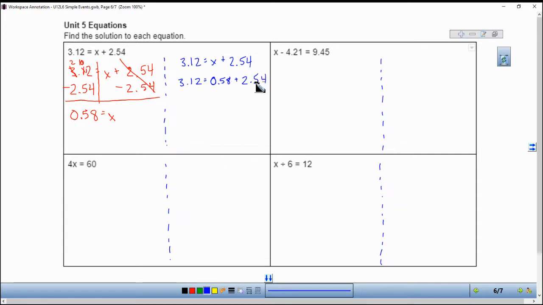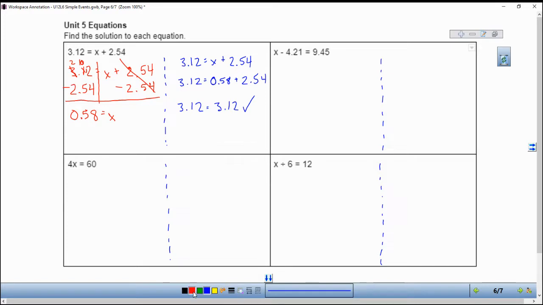Now, 50/100 plus 2 54/100 is 3 4/100, plus that extra little 8/100 would be 3 12/100. So notice I thought about whether the answer made sense before going to the last part of the check, which would be to say that both sides are equal to 3 12/100, and that's a check.